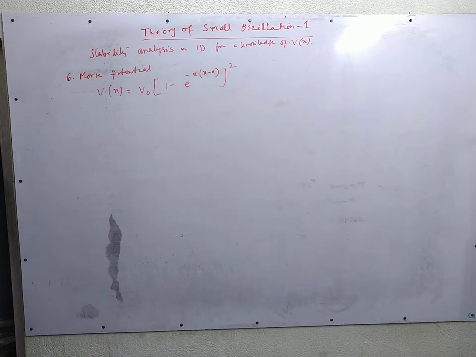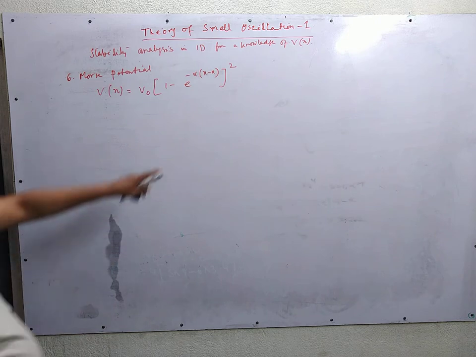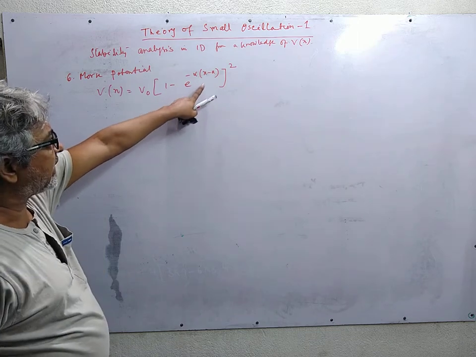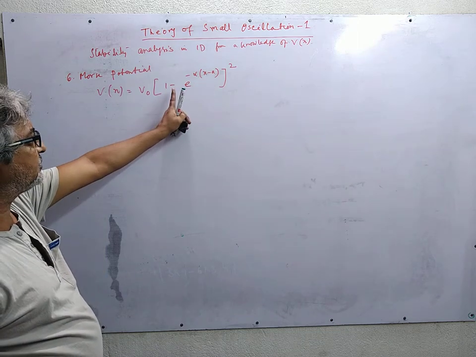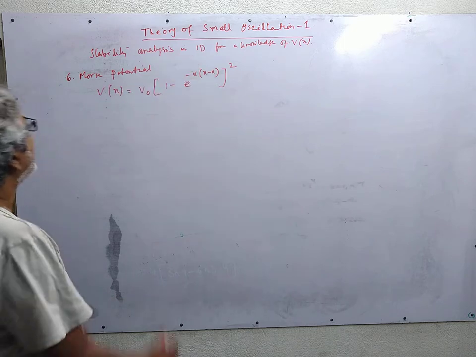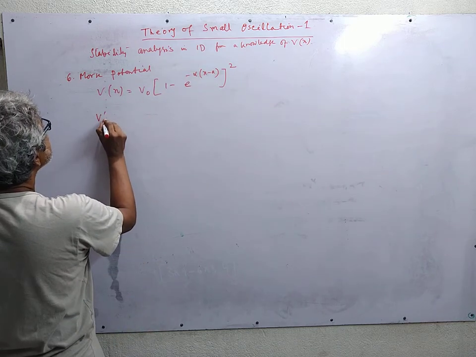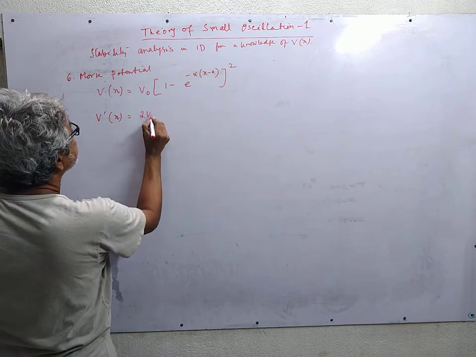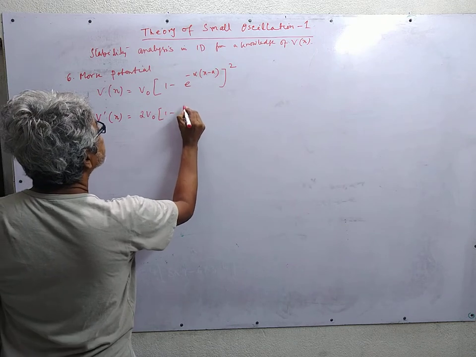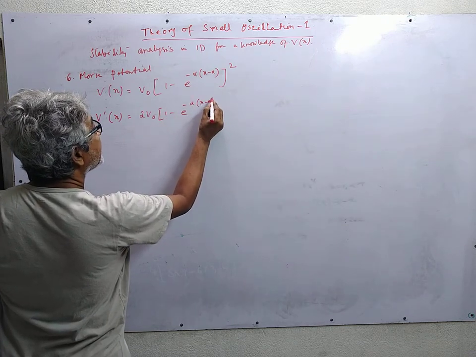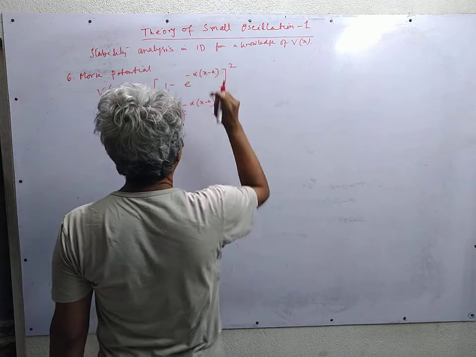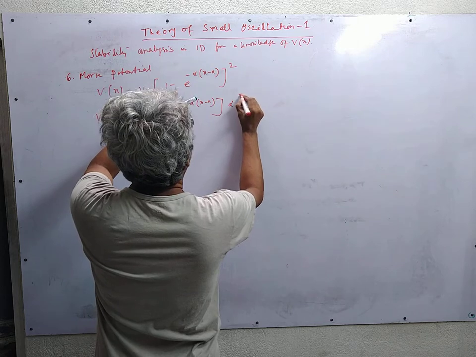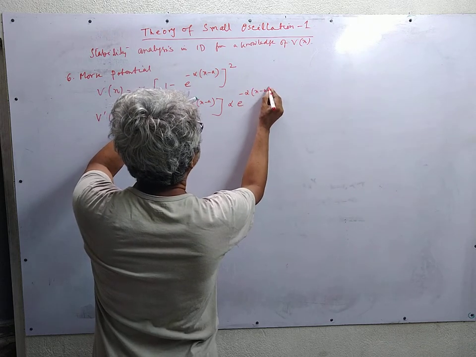You see that at x is equal to a, the potential is 0. This is twice V0, (1 minus e to the power minus alpha (x minus a)) squared, and then its derivative is alpha times e to the power minus alpha (x minus a).